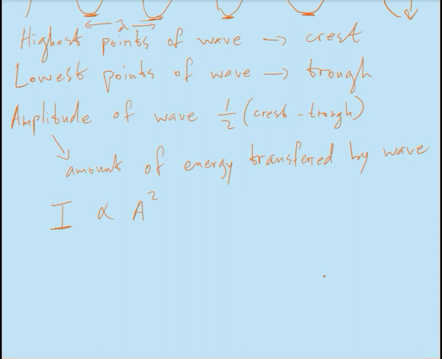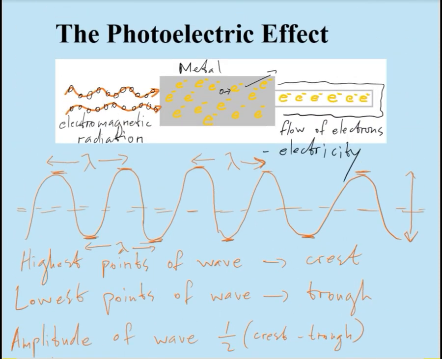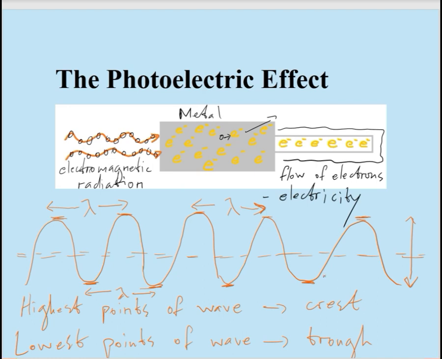If you're shining some light on a surface, the greater the intensity, the more light is being shone onto the surface. What was noticed with this photoelectric effect, if we go back to this diagram, is that if you increase the intensity, if we increase the amplitude, with bigger, more intense light shining on, the current would increase.